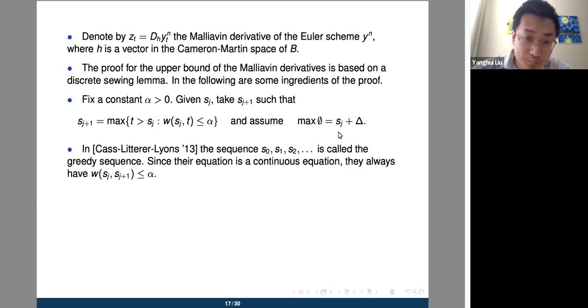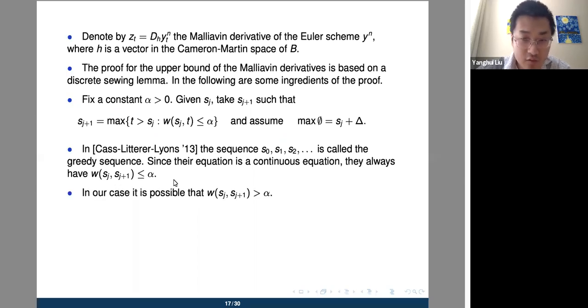In Cass, Litterer and Lyons' paper, this sequence was already used, and it's called the greedy sequence. In their case, they consider a continuous equation, and therefore they will always have this inequality, so they don't need to worry about the empty set.